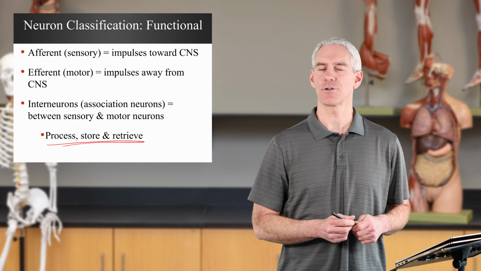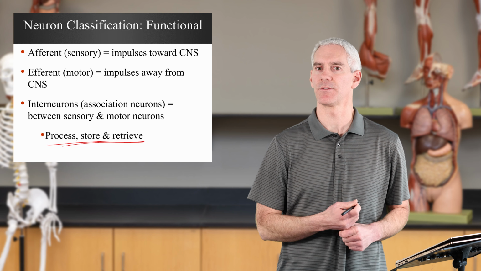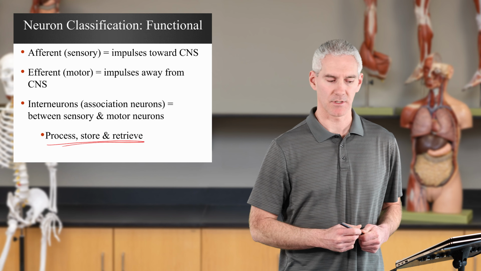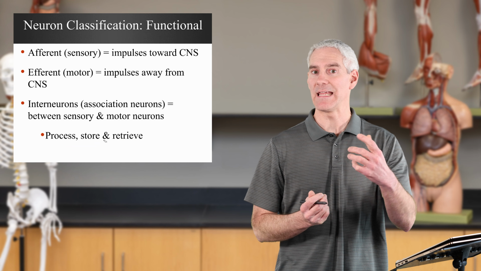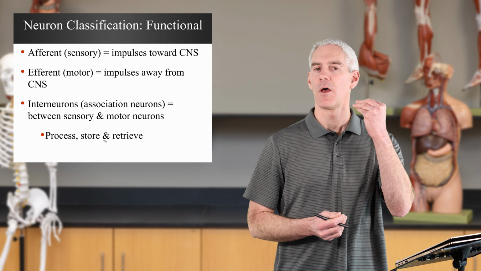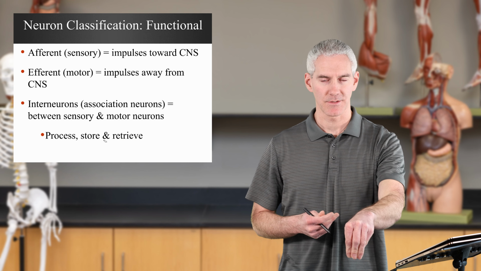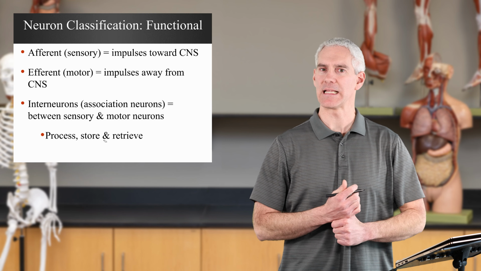So you'll have a lot of these interneurons in between the different neural networks of your central nervous system. So afferent or sensory in, efferent or motor out, and the interneurons kind of play a part in between. So structural and functional classifications of the neurons.